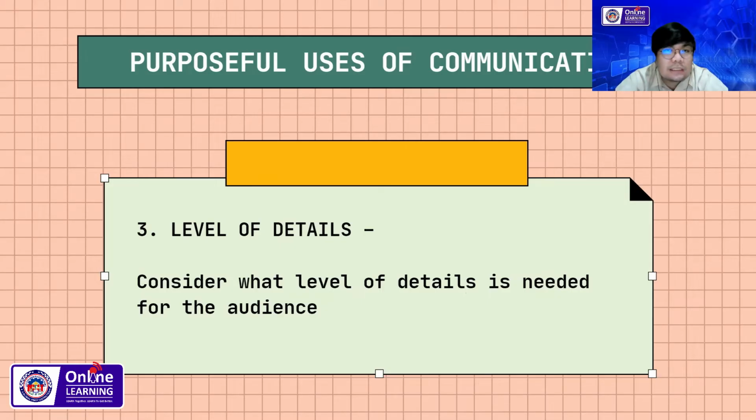Or is your audience just on the middle ground? So for us speakers, it is very important for us to know the level of our audiences because at the end of the day, each and every one of us has a different level of knowledge. That's why we should get the level of the details.